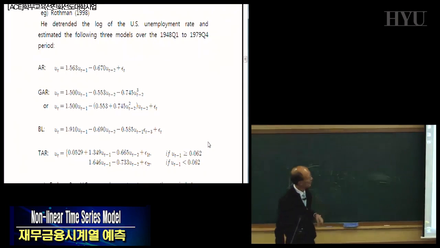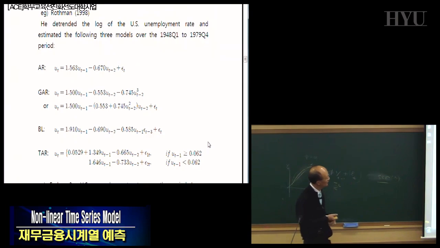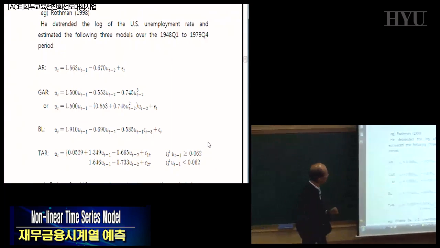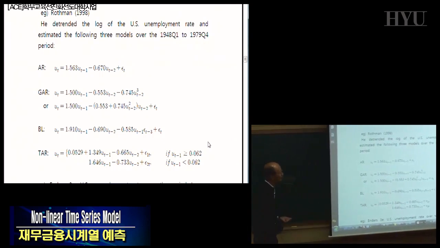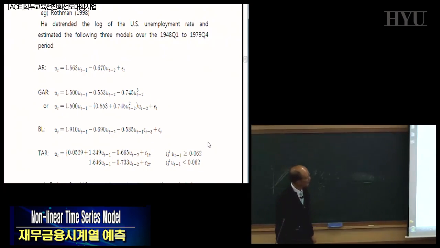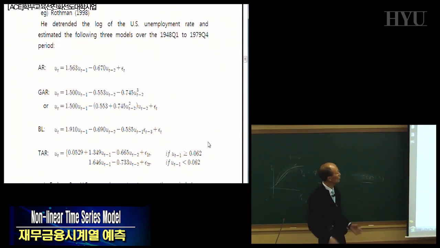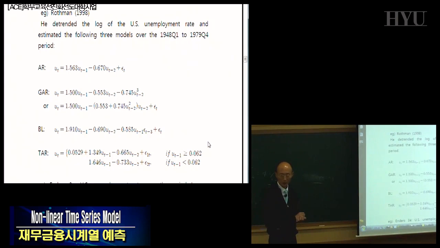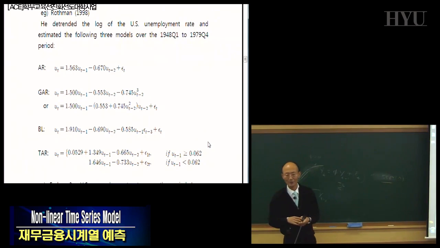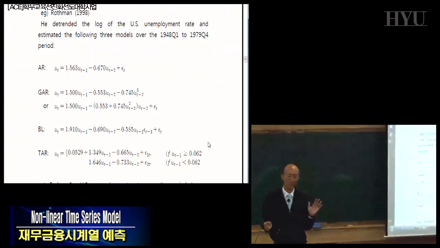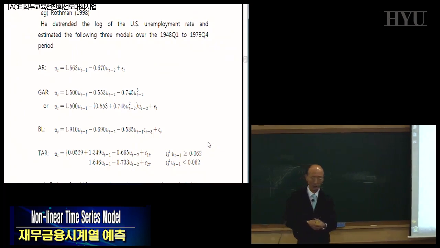This is the example I borrowed from Andrews. He refers to Rothman's 1998 paper where he tried to model the U.S. unemployment rate. The unemployment rate is these days believed to be a non-stationary time series.